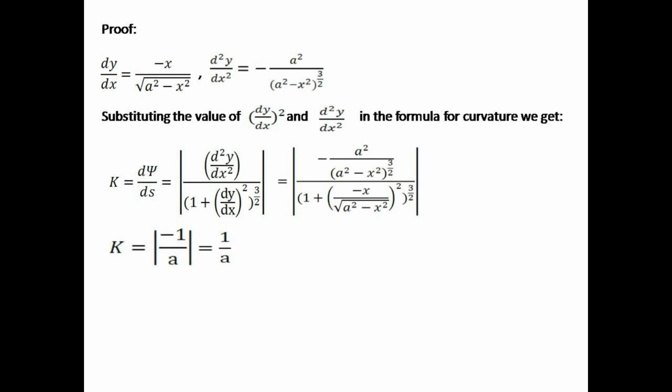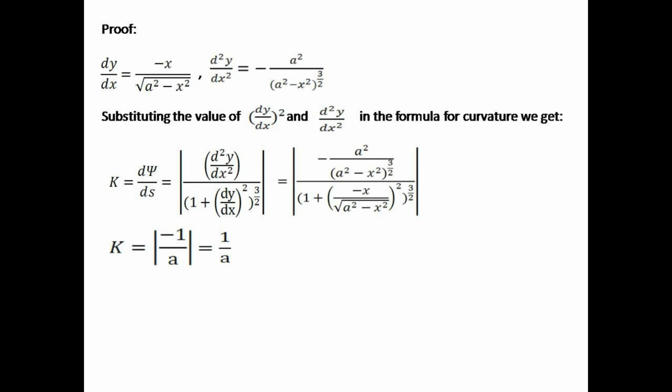Again, we make use of the formula for curvature and apply it on the standard equation for a circle centered about the origin, that is, on the equation x square plus y square equals a square.